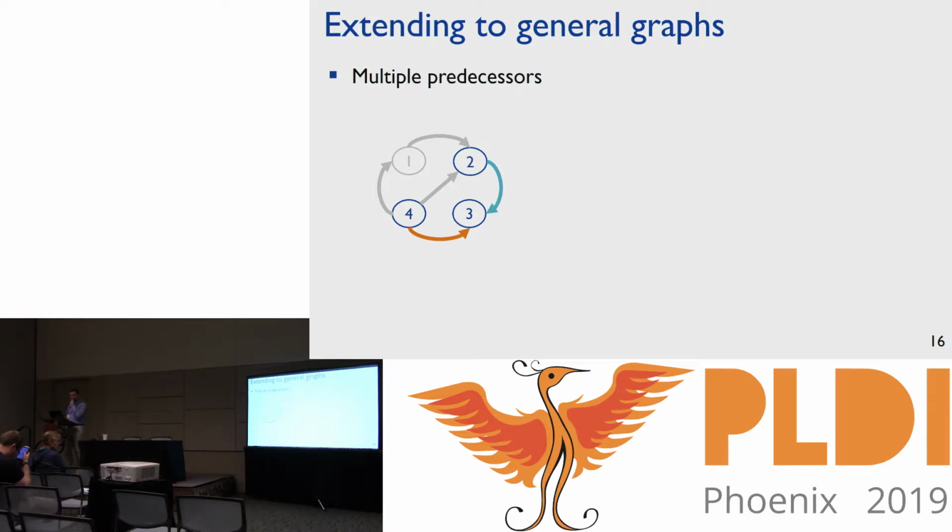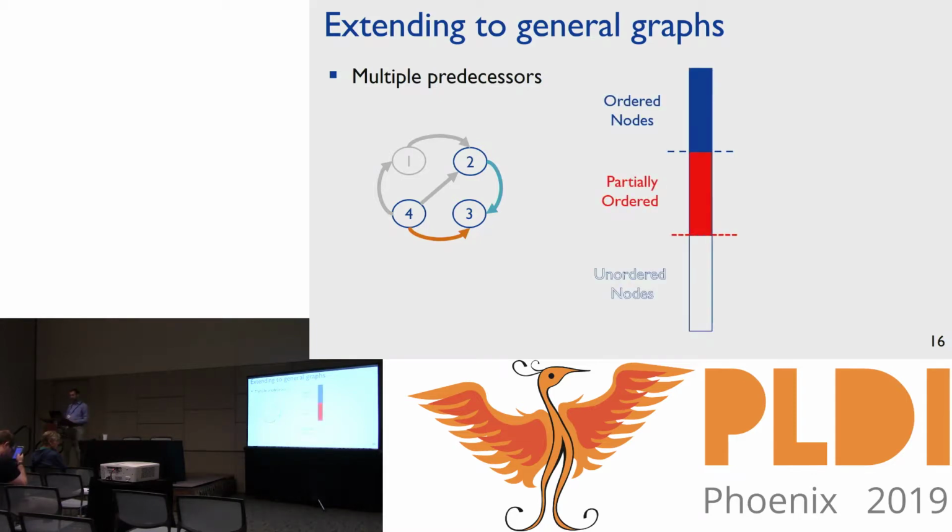Now I would like to address how we extend this concept that we have shown with trees to general graphs. In particular, general graphs present one aspect, where nodes can have multiple predecessors. And what does this mean, considering our way to represent the sorting entailed by DFS?